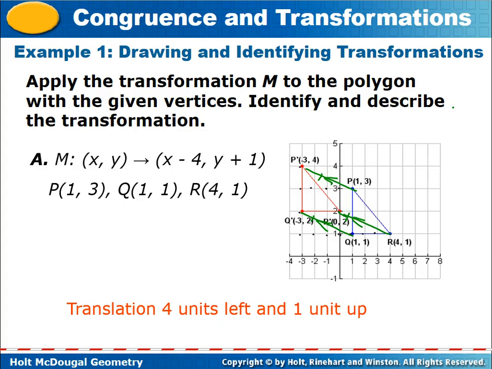And if that's true, then we can say that this is a translation. Now, the way we could find that if we didn't even have the rule on the paper is we could count it. So we look at our original image here and we went 1 to the left, 2, 3, 4. So that's 4 to the left and then 1 up. So that's our transformation. It was 4 to the left and 1 up.